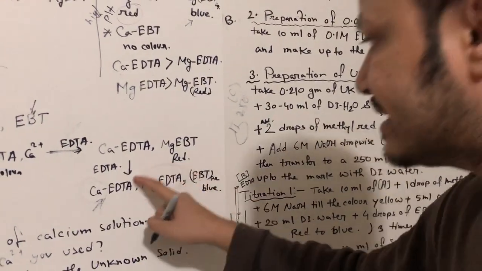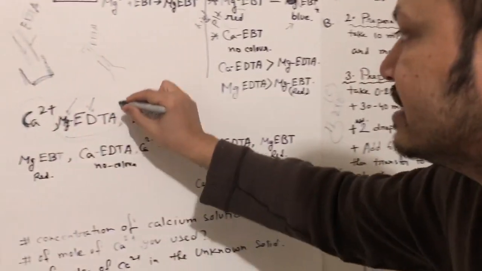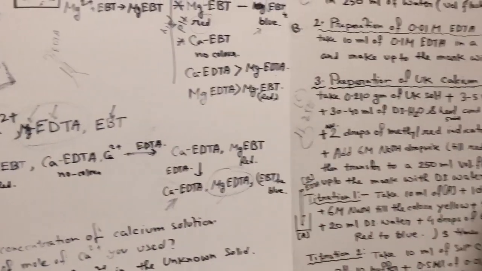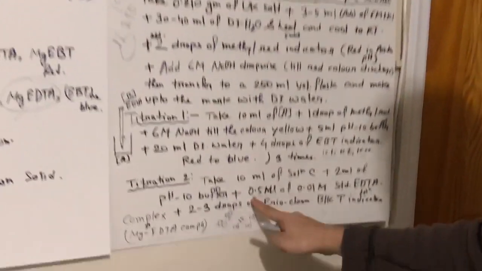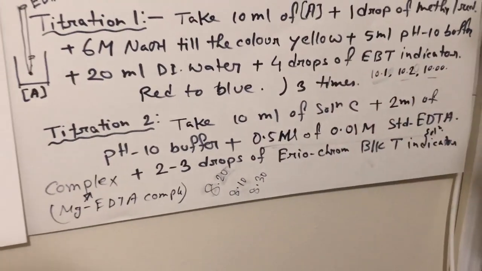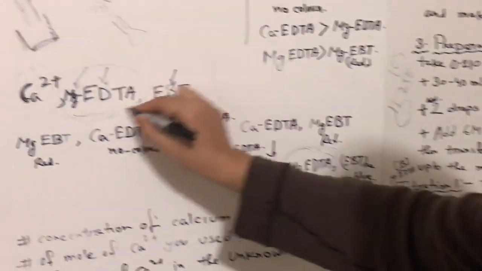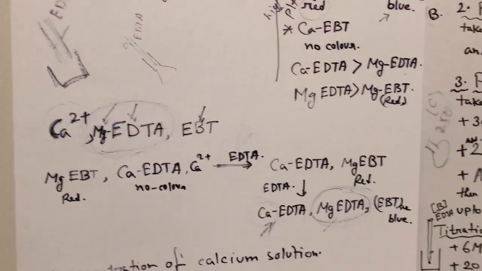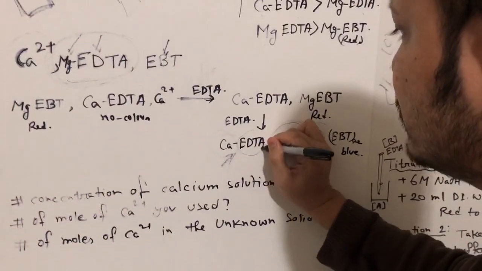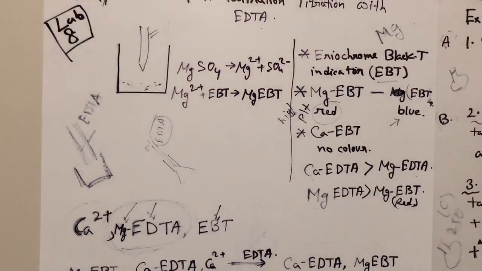This magnesium EDTA is nothing but the magnesium EDTA you used at the beginning, you know, from here, 0.5 ml of 0.01 molar standard EDTA. So this magnesium EDTA is exactly the same as what you have initially added. And this EDTA is actually the EDTA you have added from your burette.